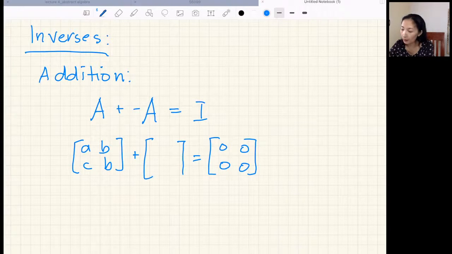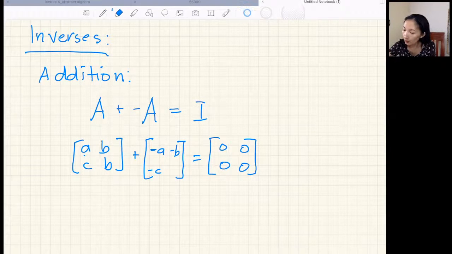What should I add to A to get 0? The negative of A. What should I add to B to get 0? The negative of B. What should I add to C to get 0? The negative of C. And what must be added to D to get 0?